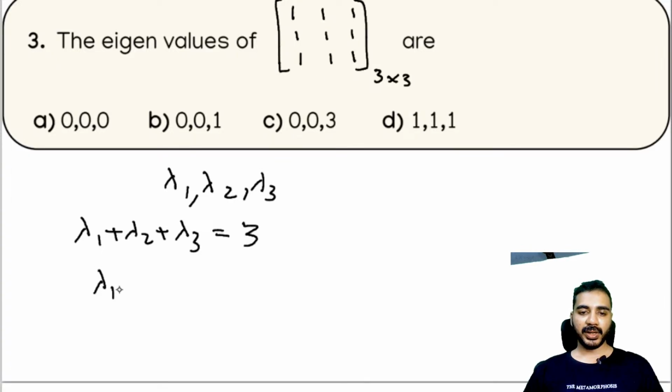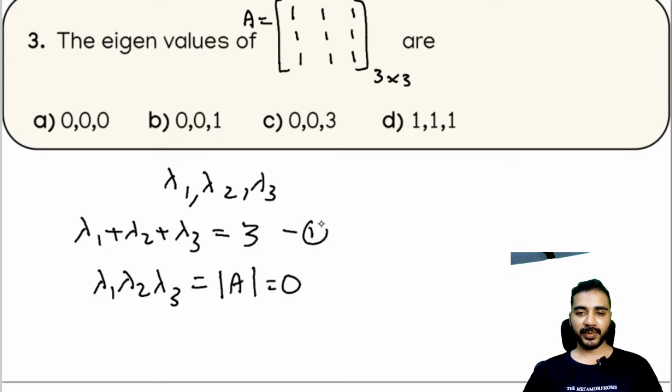Then lambda 1 times lambda 2 times lambda 3 is the determinant of this matrix. Let me say this is matrix A. The determinant of A is the product of eigenvalues. Here all the rows are equal, and when at least two rows are equal, the determinant is 0.